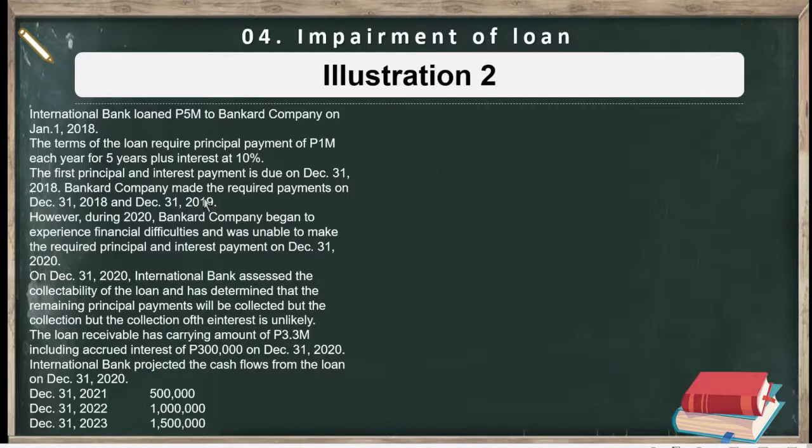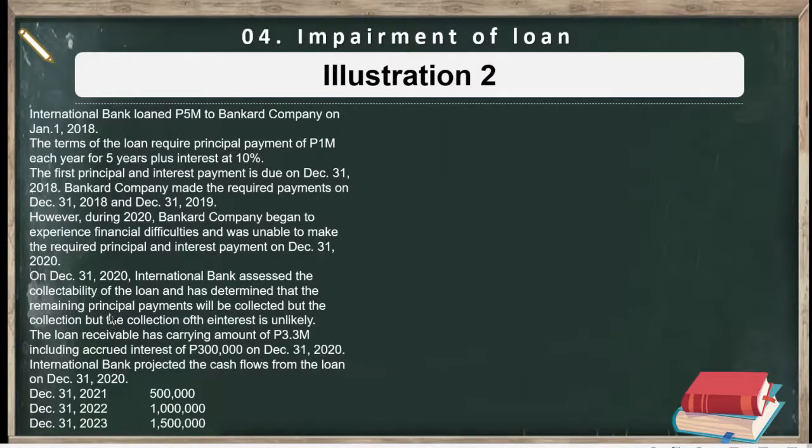Bank Card Company made the required payments on December 31, 2018 and December 31, 2019. So that's for 2 years. However, during 2020, the company began to experience financial difficulties and was unable to make the required principal and interest payment on December 31, 2020. So therefore, only two years were paid; on the third year, he was unable to pay.